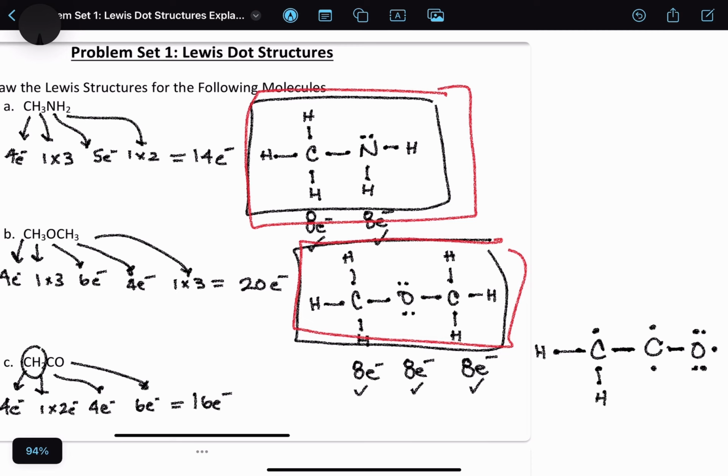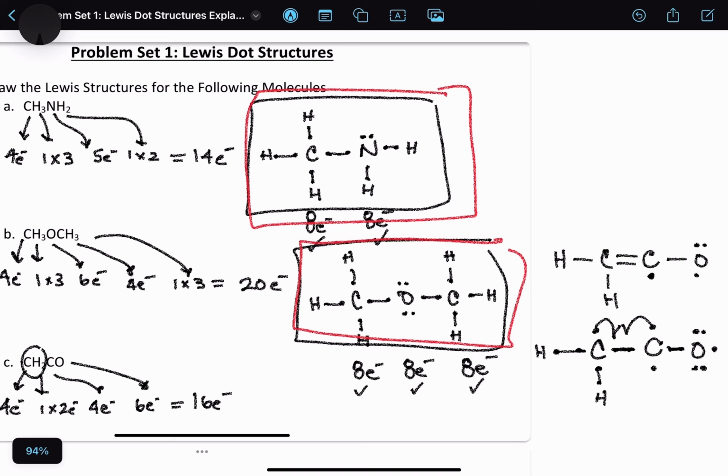So what I can do now is put this there and that there to form a double bond. So I'll have C, C with the H and the H. And then now I have still a lone pair there.